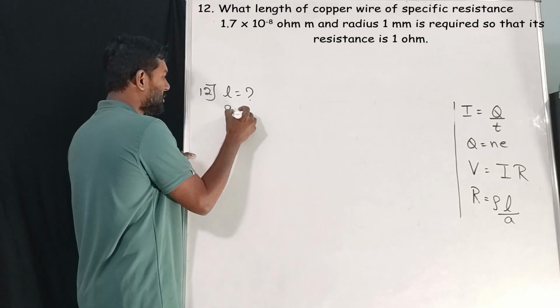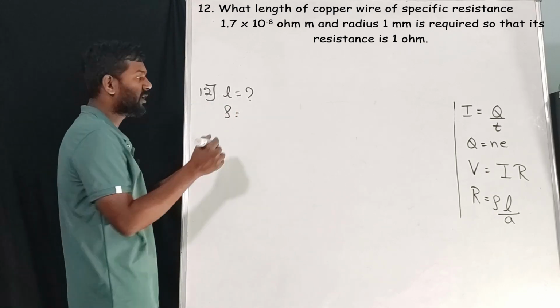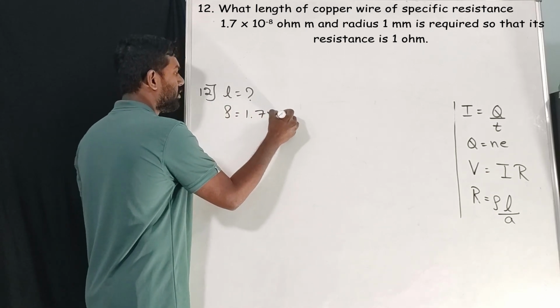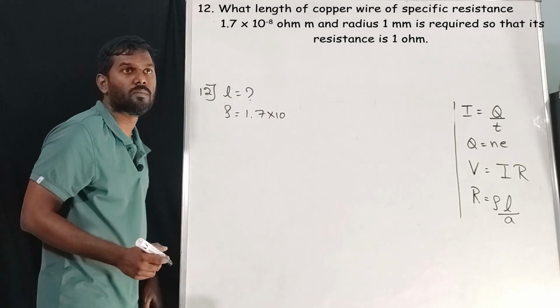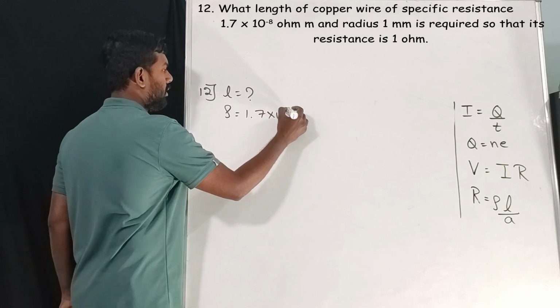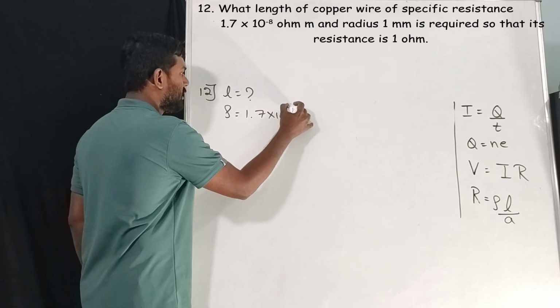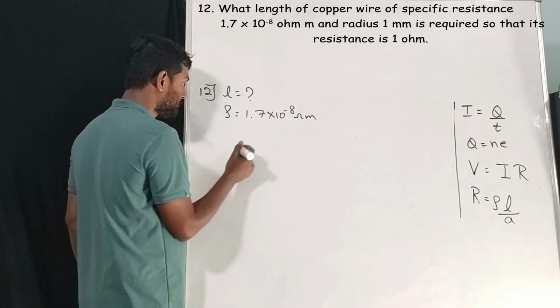Okay, what is given? Specific resistance is nothing but resistivity, that is 1.7 into 10 power minus 8 ohm meter.